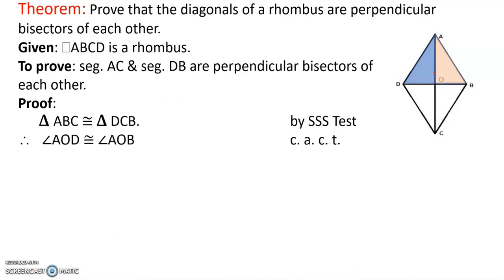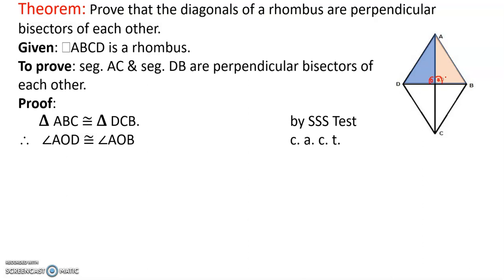The angle AOD is congruent to angle AOB. As the two triangles are congruent, we can say that the two angles are congruent by CPCTC, the corresponding parts of congruent triangles.